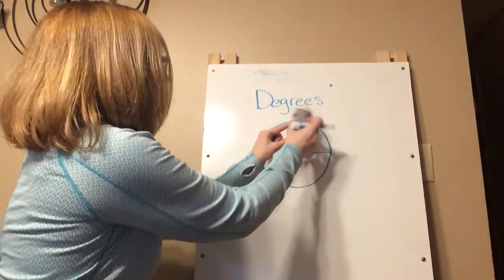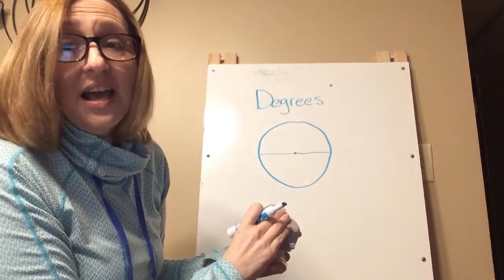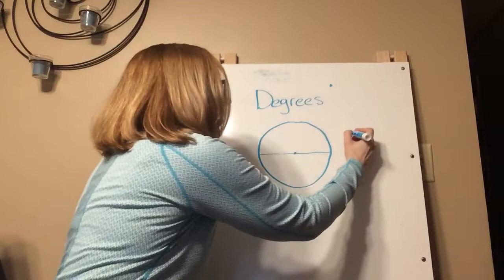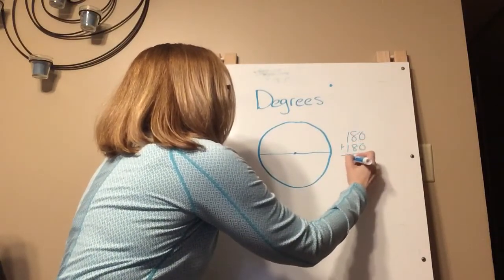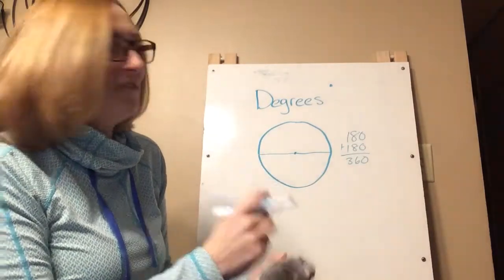So it would go like this to this. That actually is 180 degrees of a circle, because 180 plus 180 would get you 360. That's where this is coming from.